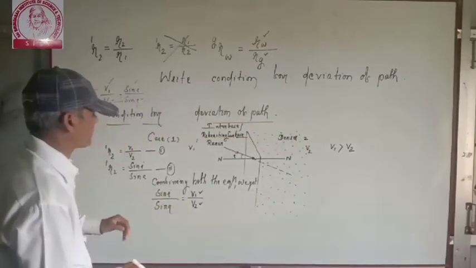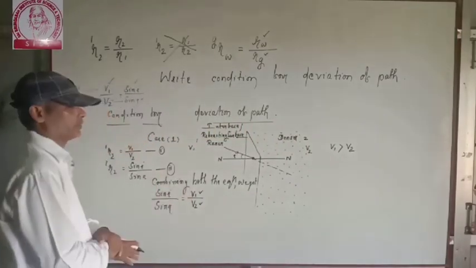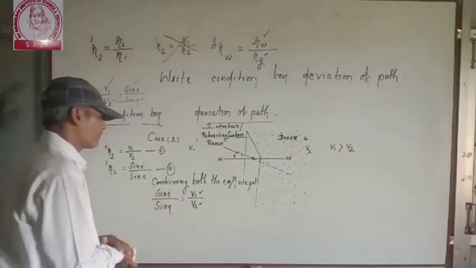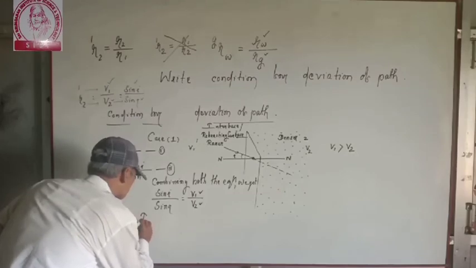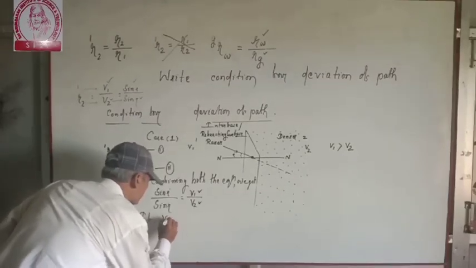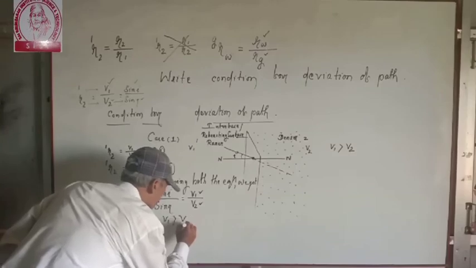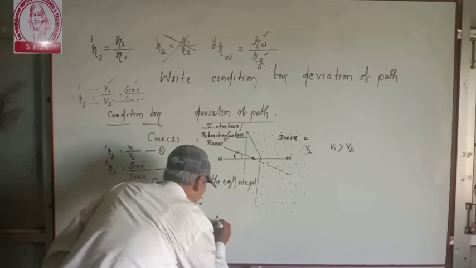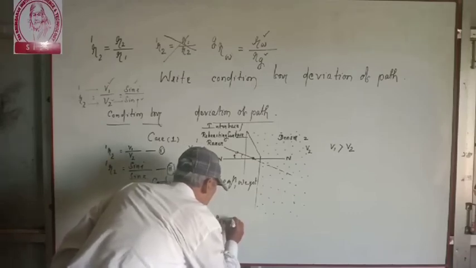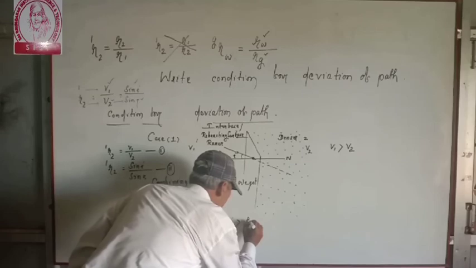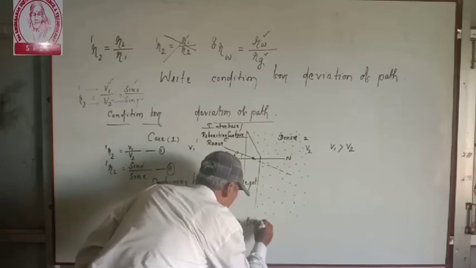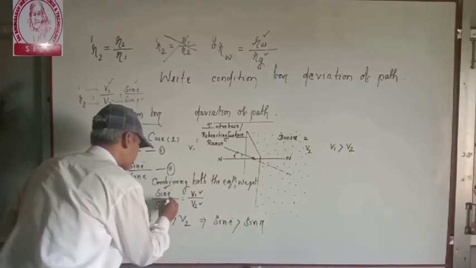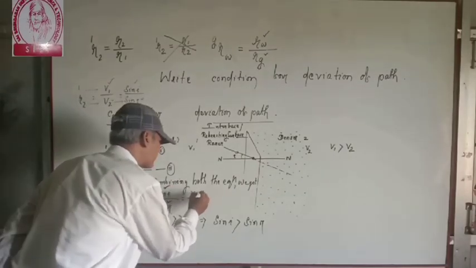Now you can say V1 is greater than V2. No doubt, sin I will be greater than sin R. If V1 is greater than V2, it implies sin I is greater than sin R. So sin I is greater than sin R because V1 is greater than V2.